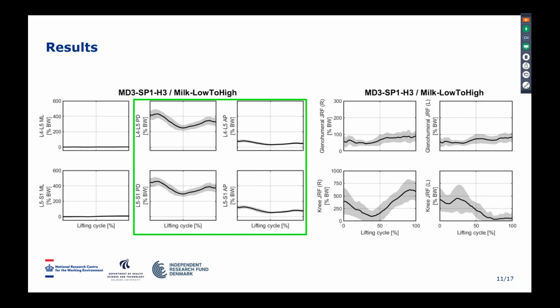We normalized it to body weight, so you see this percentage of body weight. For milk, this almost results in 5 times the subject's body weight compression force.